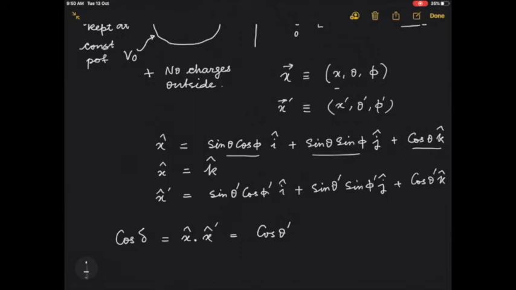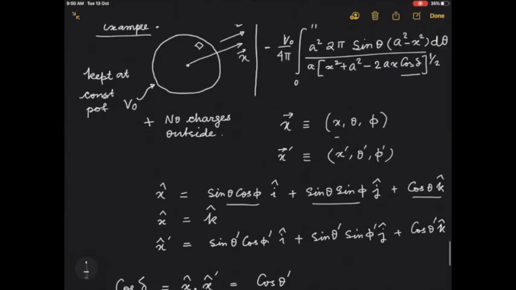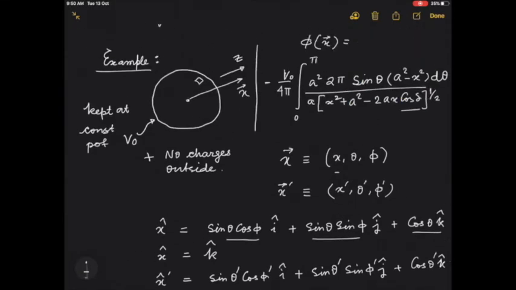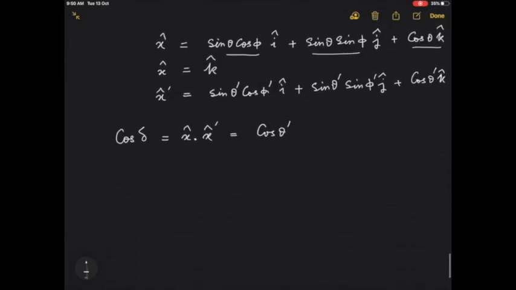So when I do the dot product of x cap with x cap prime, the i cap and j cap do not give me any contribution. The only contribution comes from k cap, and that is just cos theta prime. So these are all theta primes, I'm sorry, because we are doing the integration on the prime coordinate. So this cos delta can be replaced by cos theta prime.